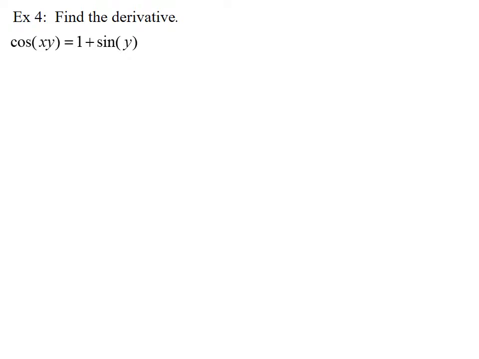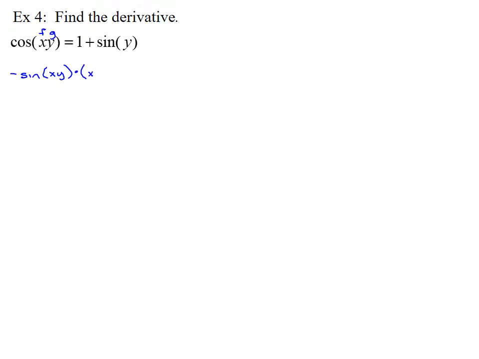So starting from the outside, the derivative of cosine is negative sine. You leave the inside alone, but then you have to multiply this by the derivative of xy because that is going to be a product rule. So the chain rule part does become a product. So you've got your f is x, your g is y.